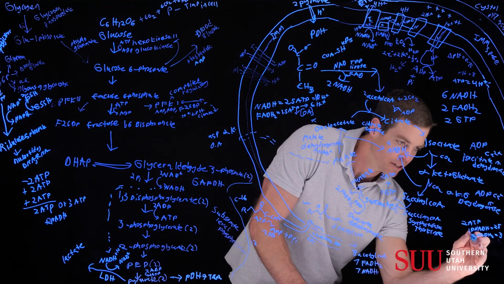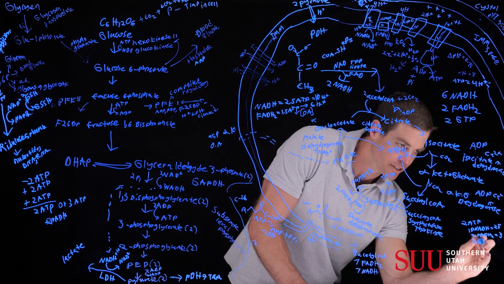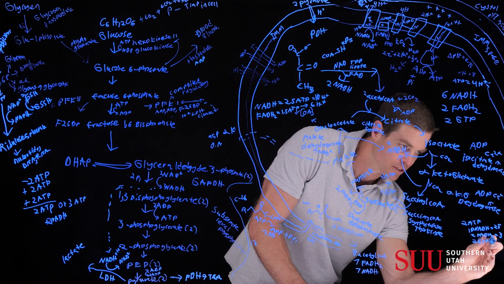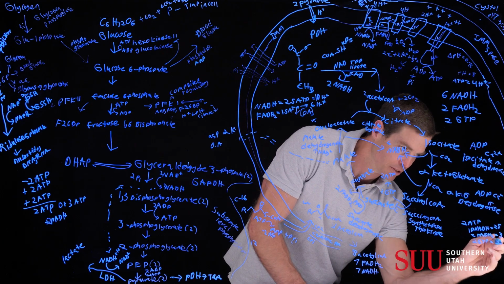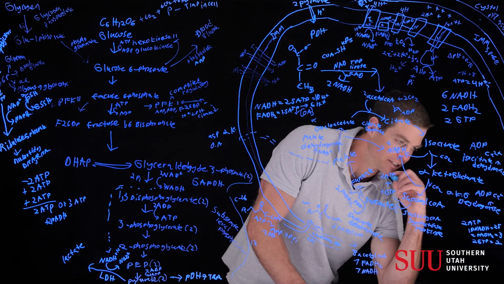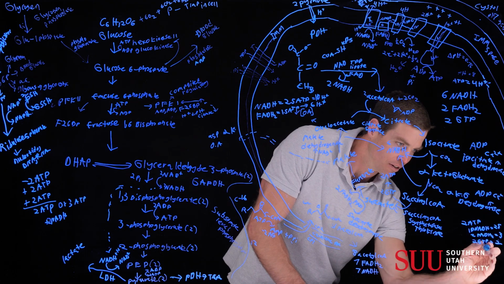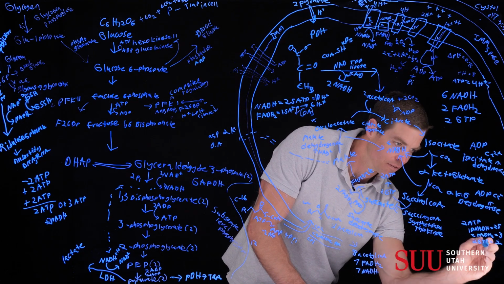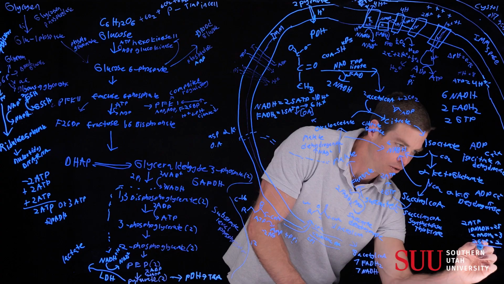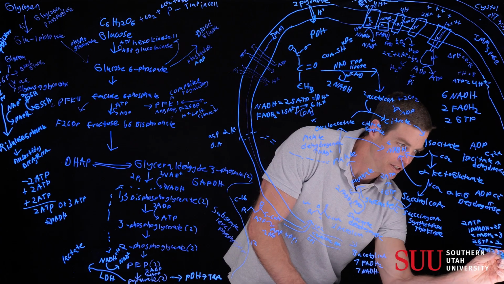We made 2 GTP, which is equivalent to 2 ATP. And so now we just add these up and we get 25, 26, 27, 28, 29, 30, and 32, right? So we get a total equal to 32 ATP.